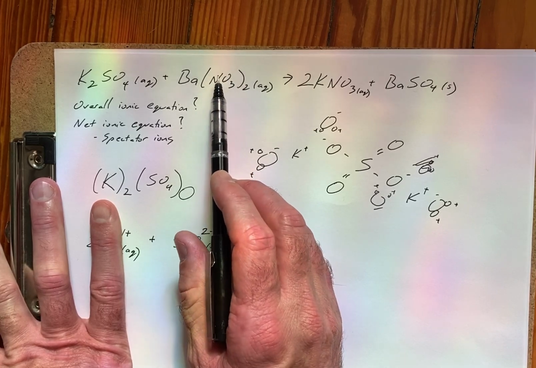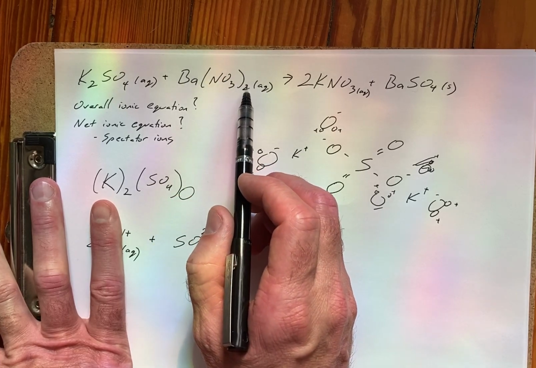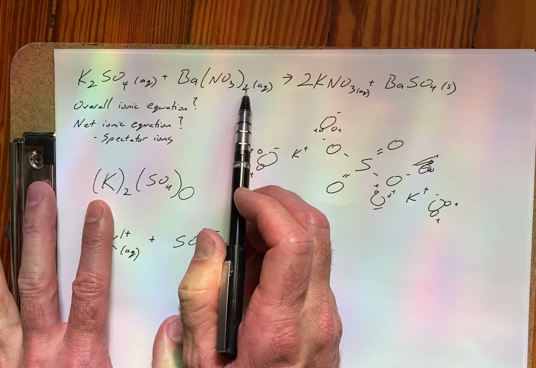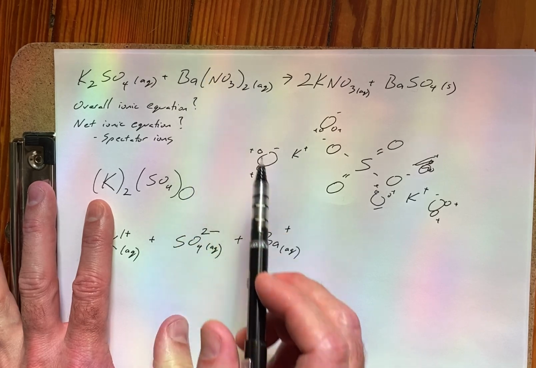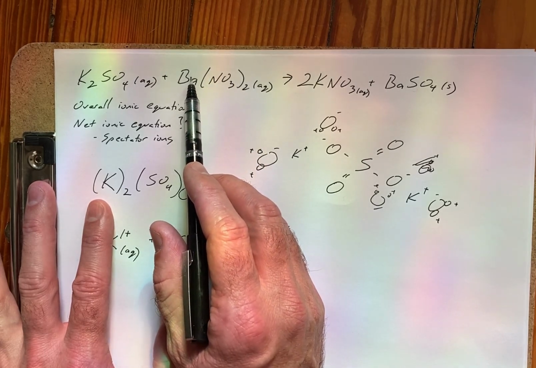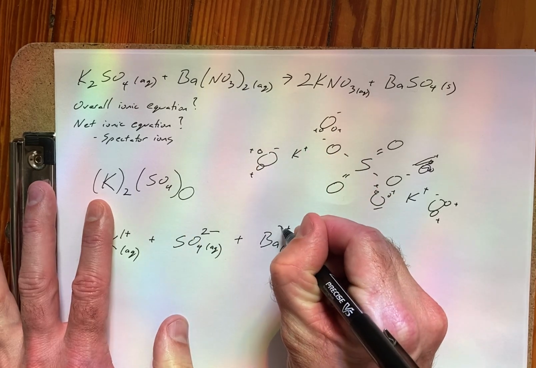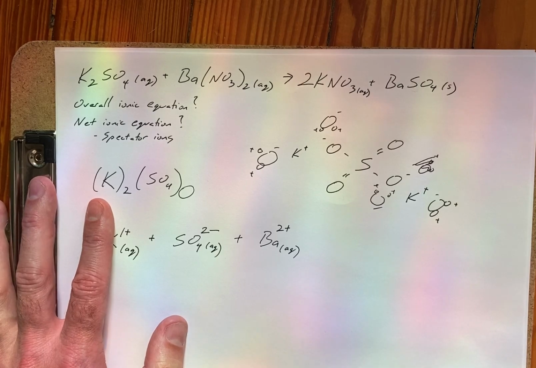These are all covalently bonded together. They will not break apart in water. So my subscript there is 2. And like we said, the subscript of the neighboring ion in the ionic compound can give you the charge of the other one. So what's my charge for my barium? Let's look at the subscript of the neighbor. It's 2. So charge for my barium will be 2+, which matches what I would have gotten from the periodic table.